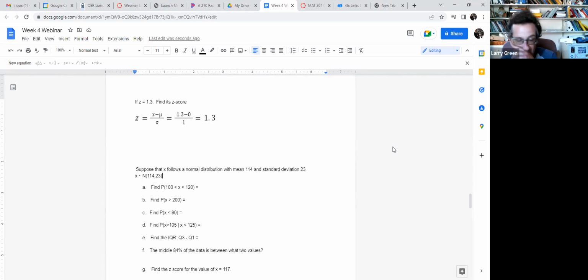Okay, so again, if you're asked to find the distribution, write down the distribution. That means write it in symbols. Now we want the probability that X is between 100 and 120. I will let you know that you have no chance of getting this one if you try to do it the way we just did it, by looking at a picture and coming up with areas.